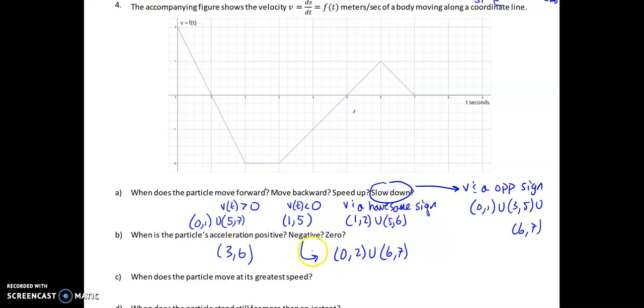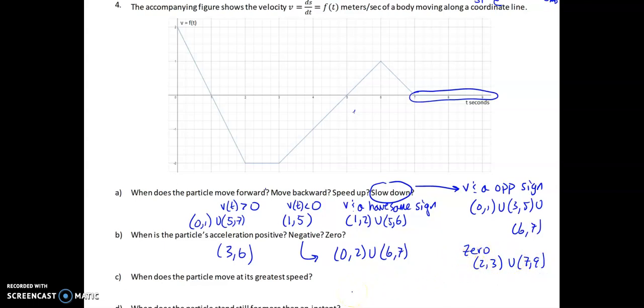And when is this 0? I don't know if you could read it on this graph, but between 7 and 9 it was intended to show as 0 as well. So that would be between 2 and 3, and also between 7 and 9.